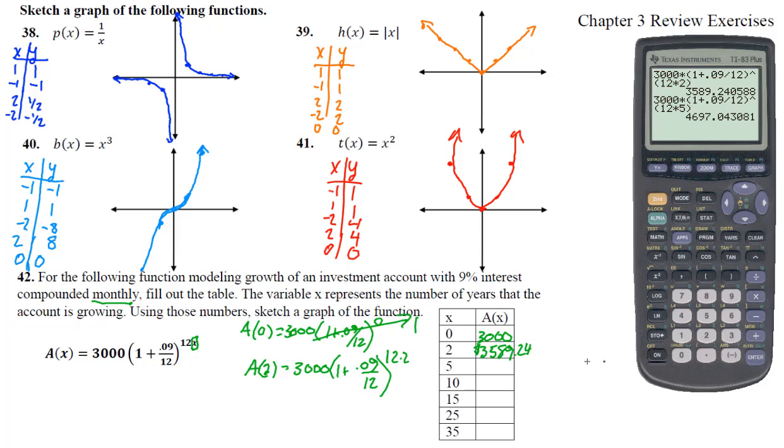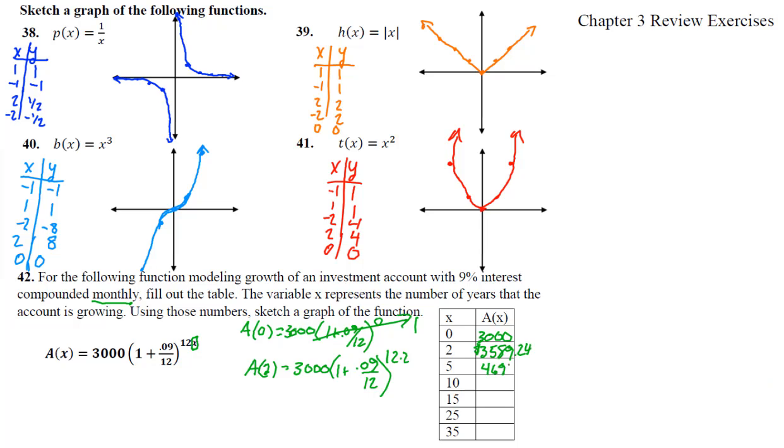We now get 4,697.04. You'll notice in the next 3 years, they made over $1,100 instead of just $500 in 2 years. It over doubled how much they had made previously. And here we have the compounding of interest.